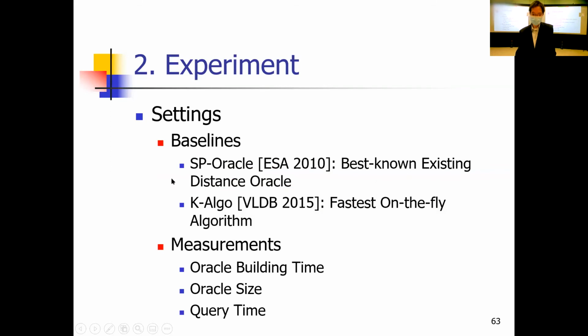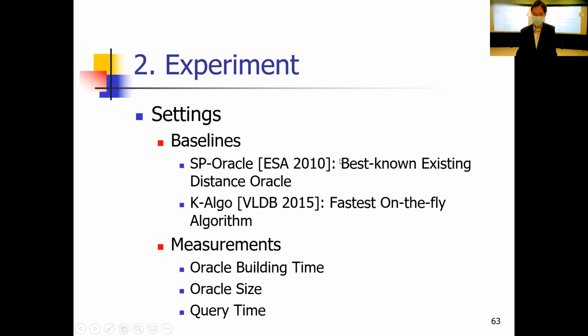Now we have 2 baselines for comparison. The first baseline is SP Oracle. This is the best known existing distance oracle or data structure. And K-Algo is the faster on-the-fly algorithm, the best one without using any pre-computation.